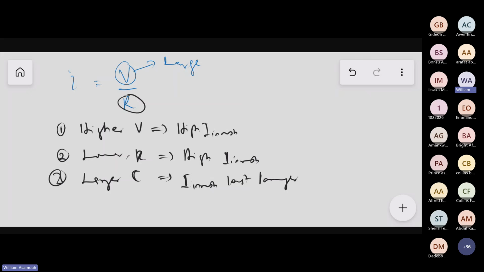Have you observed that before? Plenty. When I plug my laptop charger in the socket, I see some sparks. Pow. That's because of the inrush current.